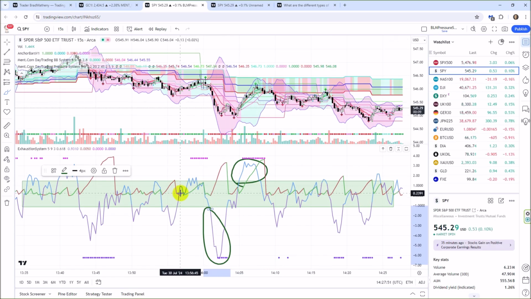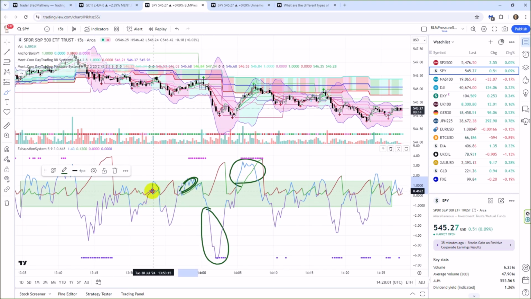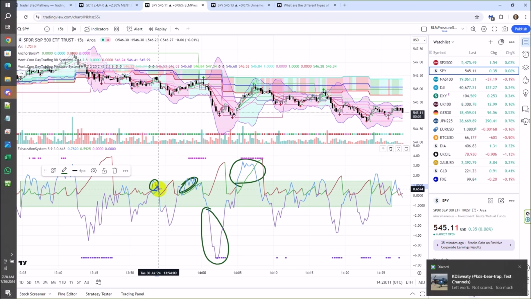When it's not able to get outside of that range very effectively, this is telling you that you're in a very tight consolidated range. Or like here, we go green and it never really gets above that range and weakens back to the downside. That's one of those where you're not getting that real confirmation that the train has left the station. Does that make sense?